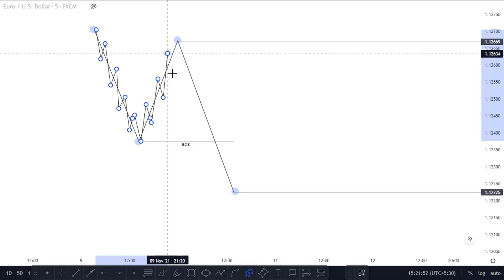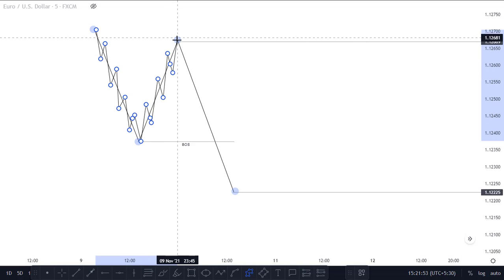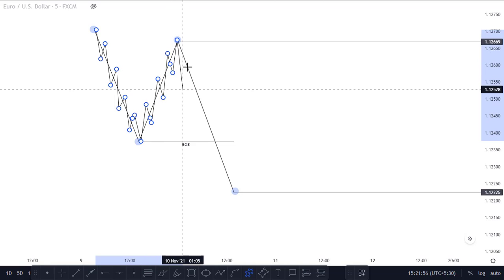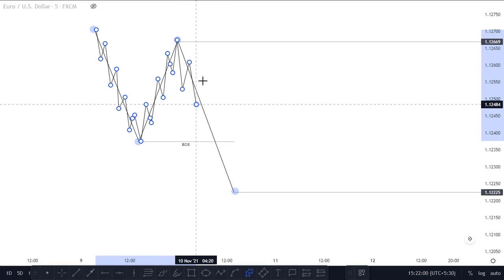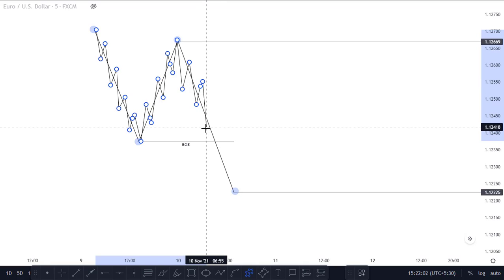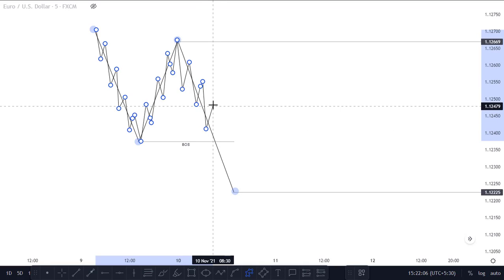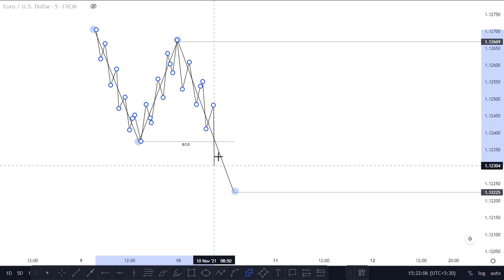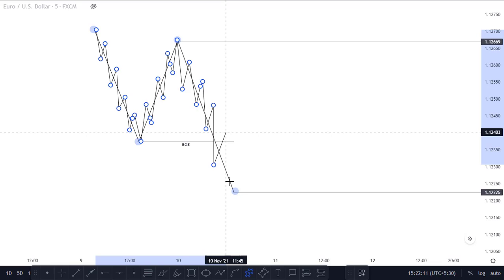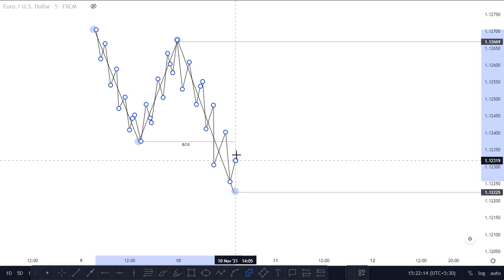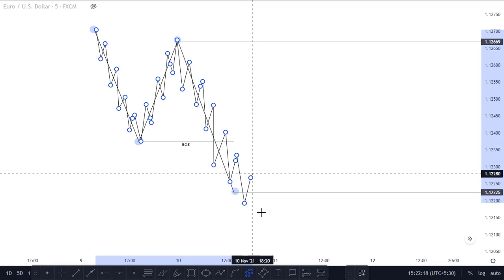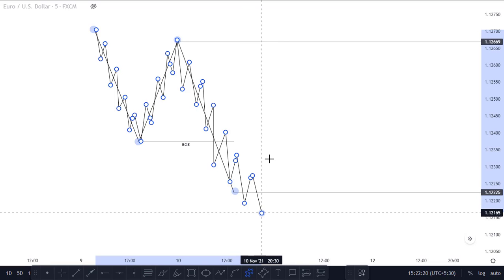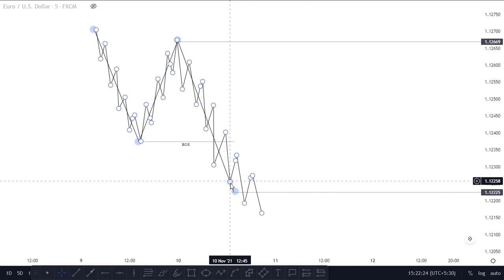For example here, lower low, lower high, lower low, lower high. In this area, lower low, lower high, lower low, lower high. Market will be moving this way, so the chart is moving this way.